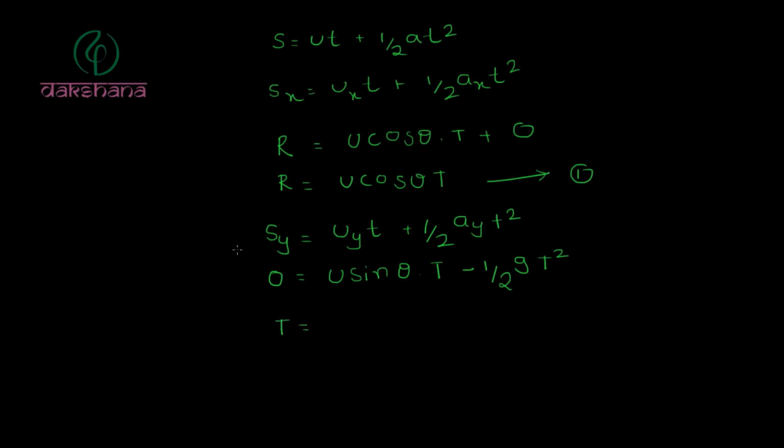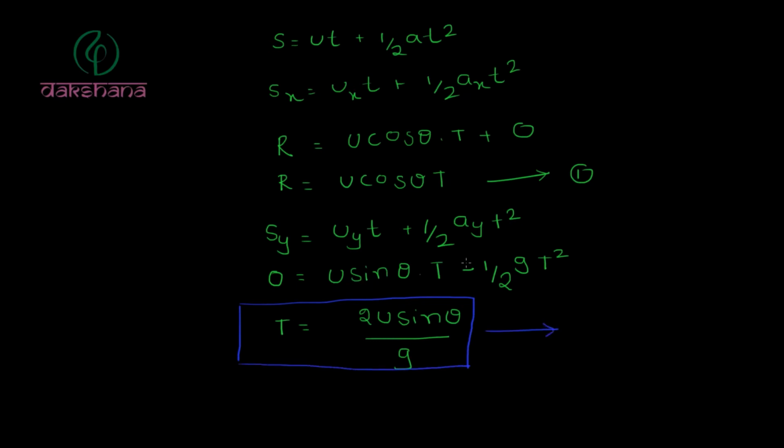From this we will get t as 2u sin theta by g. Look at this. What is t? T is time of flight. So the time of flight for a projectile is given by 2u sin theta by g. Let's mark it as equation number 2.